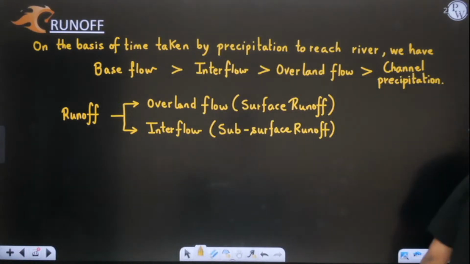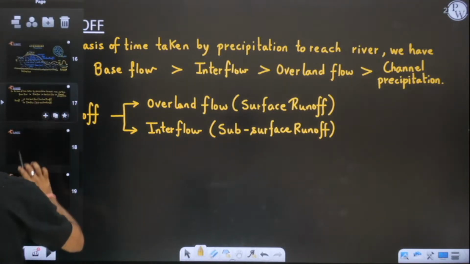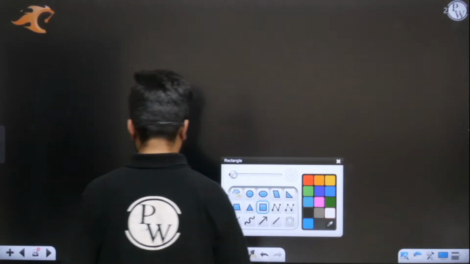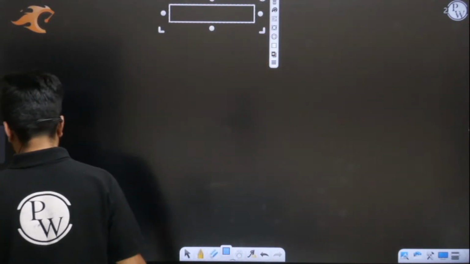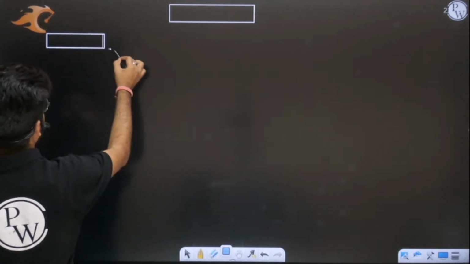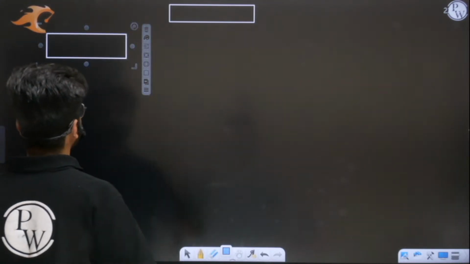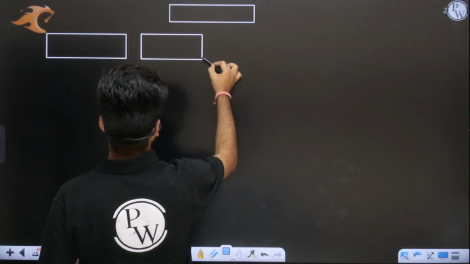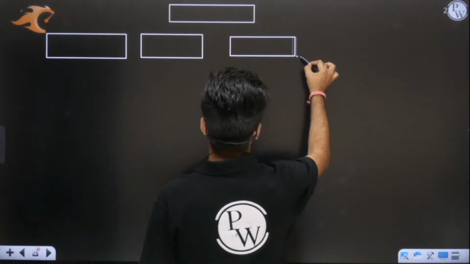I have a table which is very, very important, with the help of which you will understand everything. Okay, so let us draw that table. You should understand we will draw certain boxes here. So this is your precipitation. Then we have this next box, then we have this box.